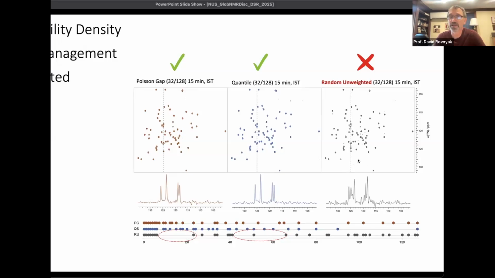And in fact, in the reconstruction, some very undesirable aspects happened, including some large extra peaks, a lot of noise, a lot of artifactual noise. And I actually very much like that phrase, noise-like artifacts. That's really a good phrase to use here. Now, in showing this example, I want to be cautious. I don't want to bias people against random unweighted, but rather to show some of the issues that we have to think about when we're choosing sampling schedules.